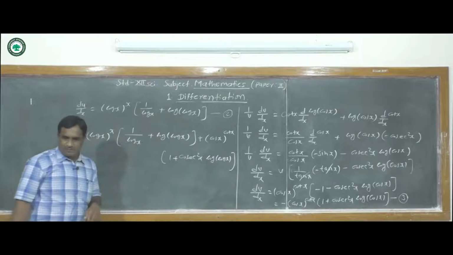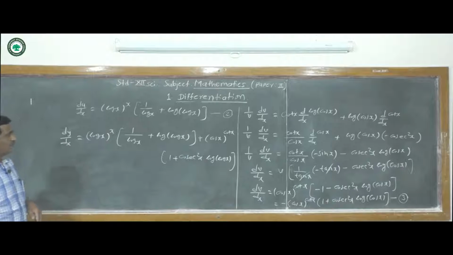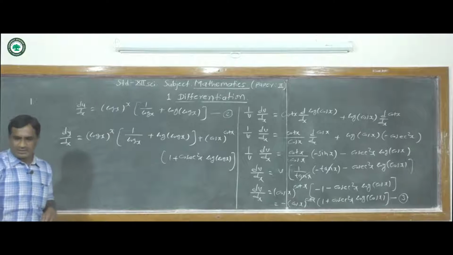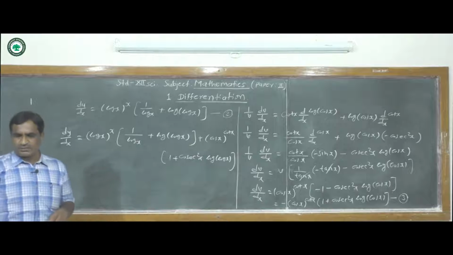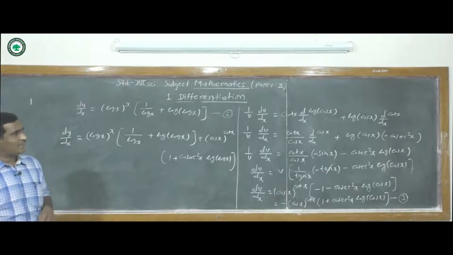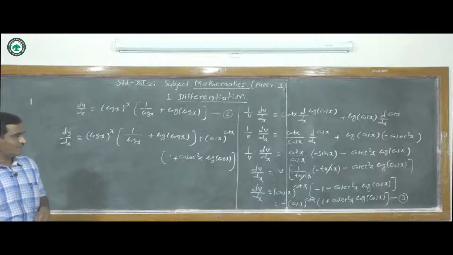Now this is the value of dy by dx for the given function log x bracket raised to x minus cos x bracket raised to cot x.